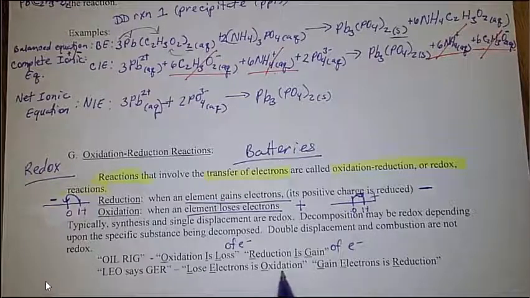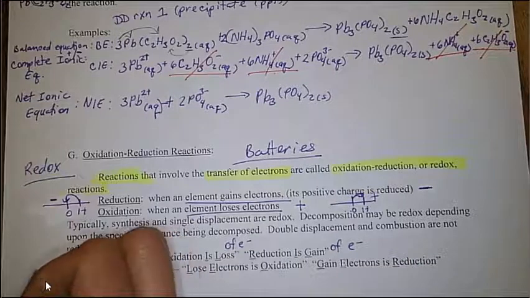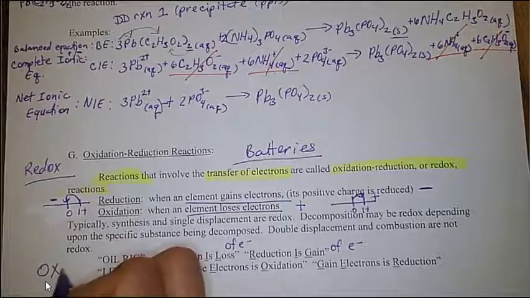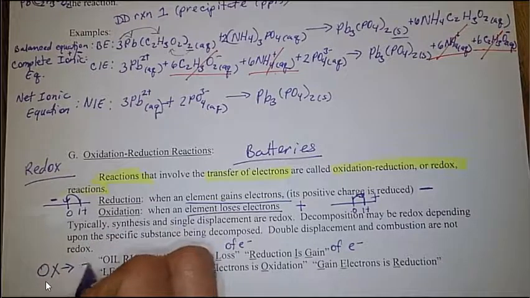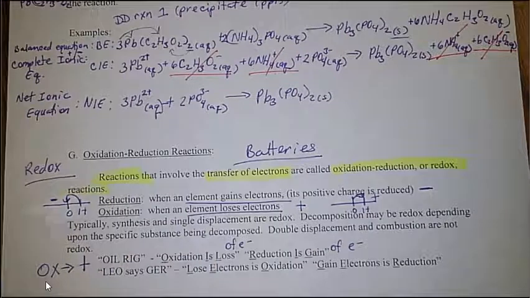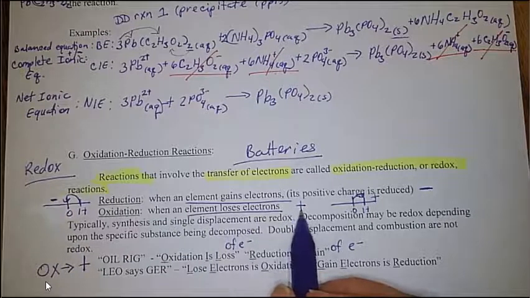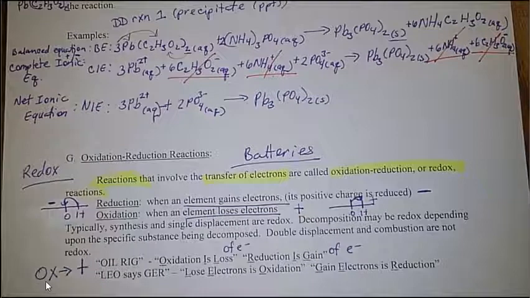Loss of electrons is oxidation and gain of electrons is reduction. If that doesn't work for you either, then I've got one more where the oxidation has an X, and what you can do is turn this X around and make it into a positive sign to remind you that it is the loss of electrons. It becomes positive. Okay, if that helps you at all.